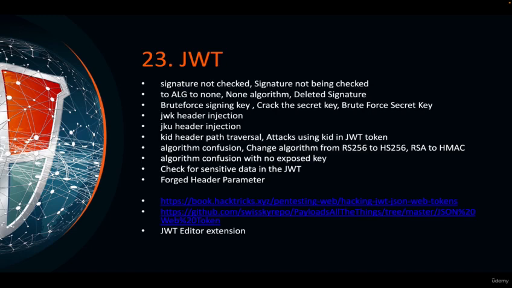The signing key might be brute-forceable. There's JWK, the JSON web key, header injection, where you embed your own key and tell it to verify with your key, which is completely against any security practice. JKU header injection, KID header path traversal, loads of different attacks possible.